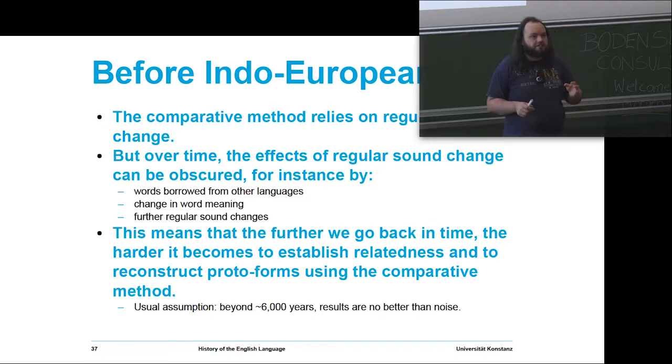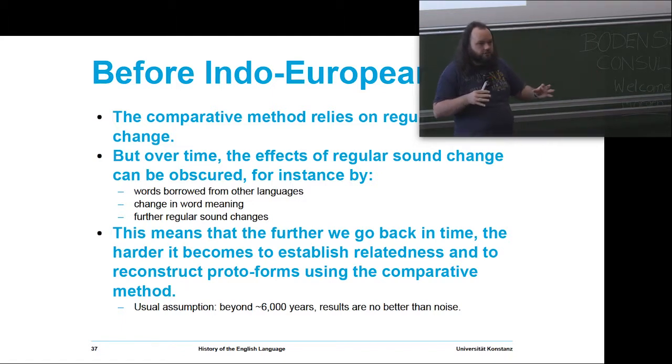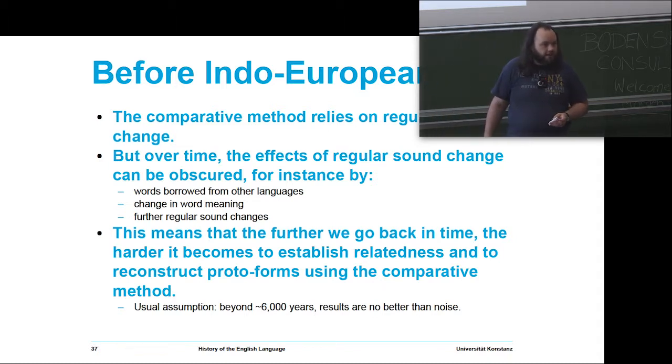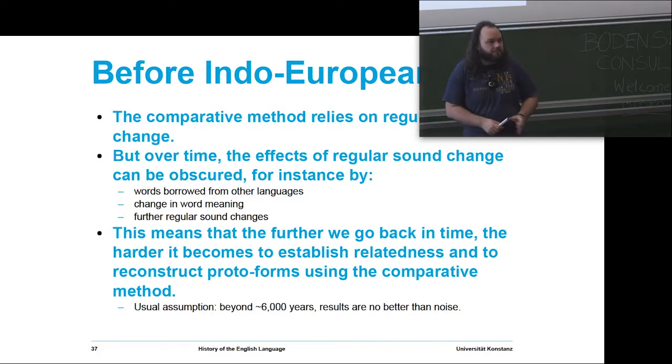Now you can kind of see how the meanings time and tide might be related, right? It's to do with regularity, it's to do with the moon and the measurement of time. But semantic change can be quite difficult to predict in this way. And it's not always as straightforward as that. And the longer we leave it, the more semantic change there will be. So all this stuff piles up.